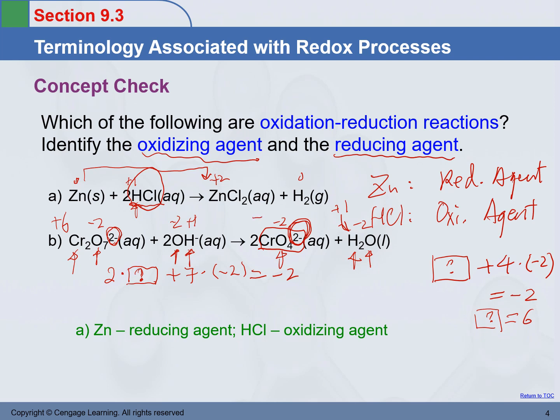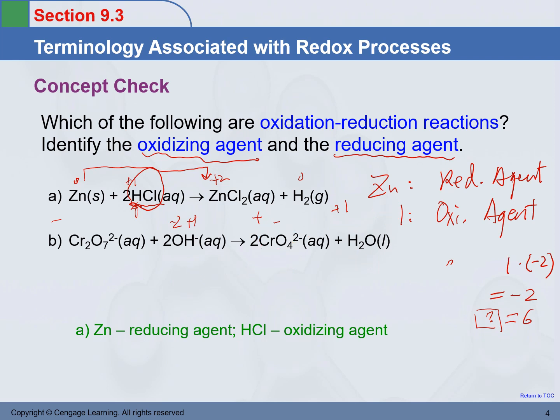The oxidation number for chromium didn't change. So there is no change in oxidation number for any element in this reaction. This is a non-redox reaction. This number 2, B, is not a redox reaction.